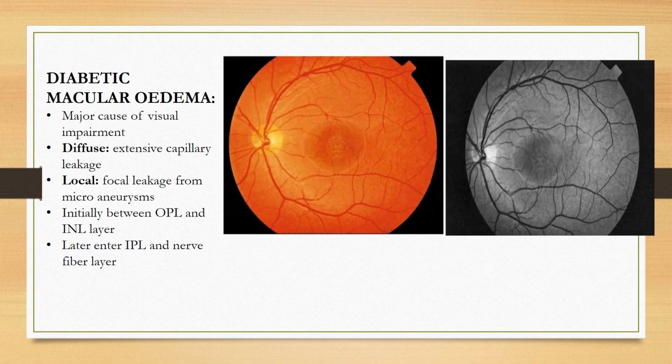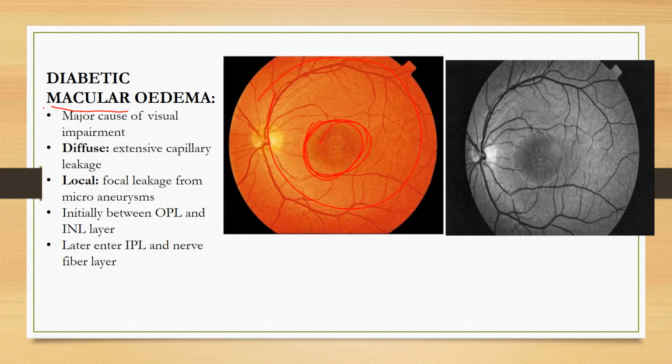So after hemorrhage, the major thing is diabetic macular edema. What is edema? Edema is a swelling. So macular edema is a swelling at the macula. There are not many changes in the retina, but it might also couple with other changes. In diabetic retinopathy, if there are peripheral changes, the patient won't have much vision loss.